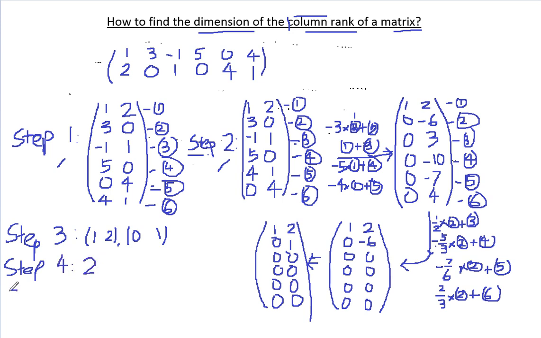Step 5, the column rank of the matrix can be determined using the number of rows here.